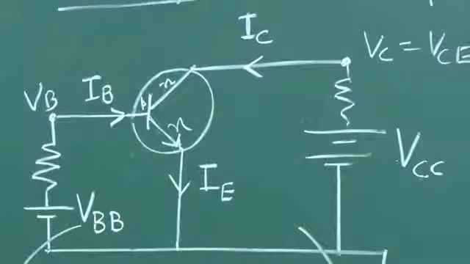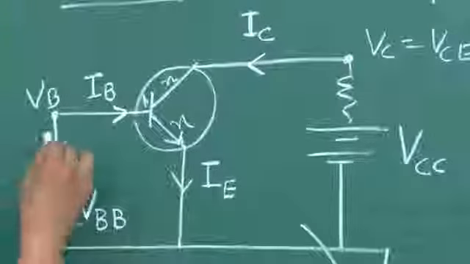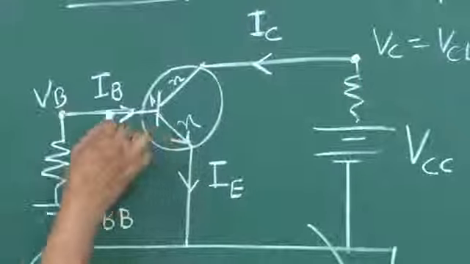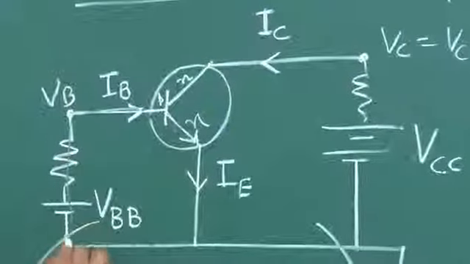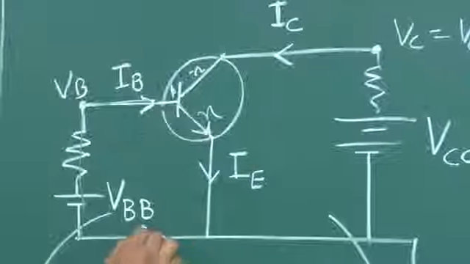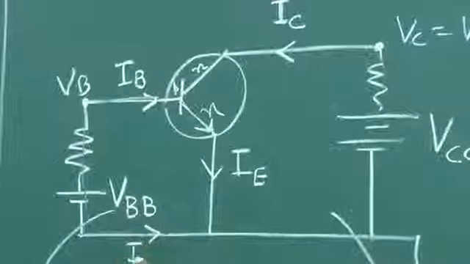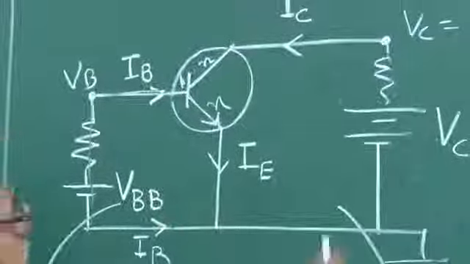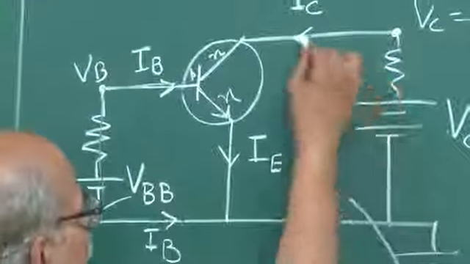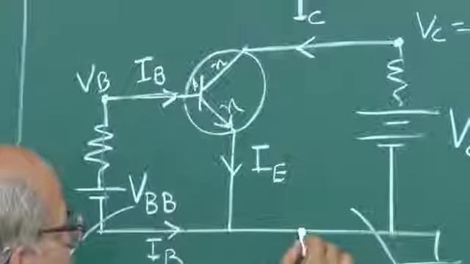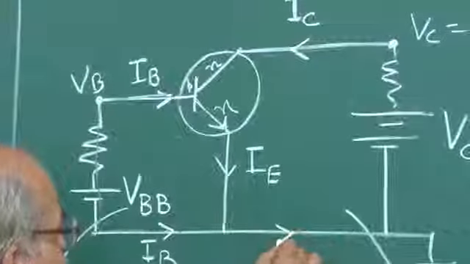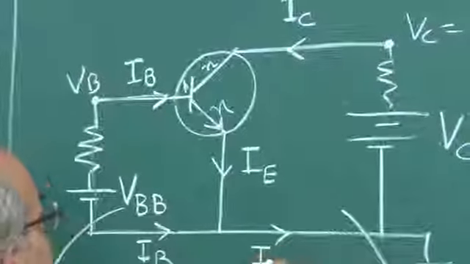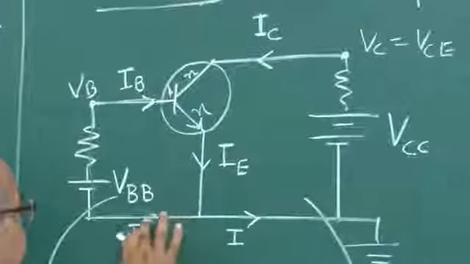So these are the symbols, and if this is IB, you can see that this is just a series circuit, and so the current here should also be IB. And similarly, if this is IC and this whole thing is series, so you should have an IC out here. This IB is like this.